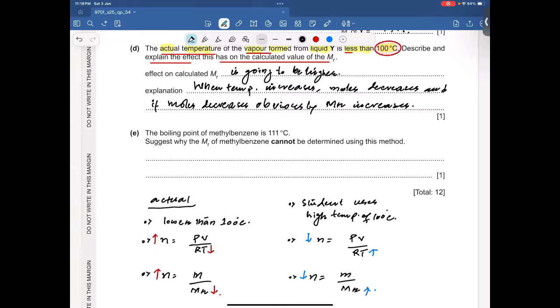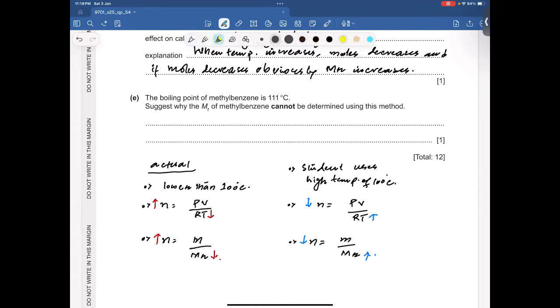I hope it makes sense to you. The actual scenario says that the temperature should be lower than 100, but the student uses 100 degrees Celsius, which is higher than the actual one. So when we use a higher value of temperature, obviously the MR is going to be higher.